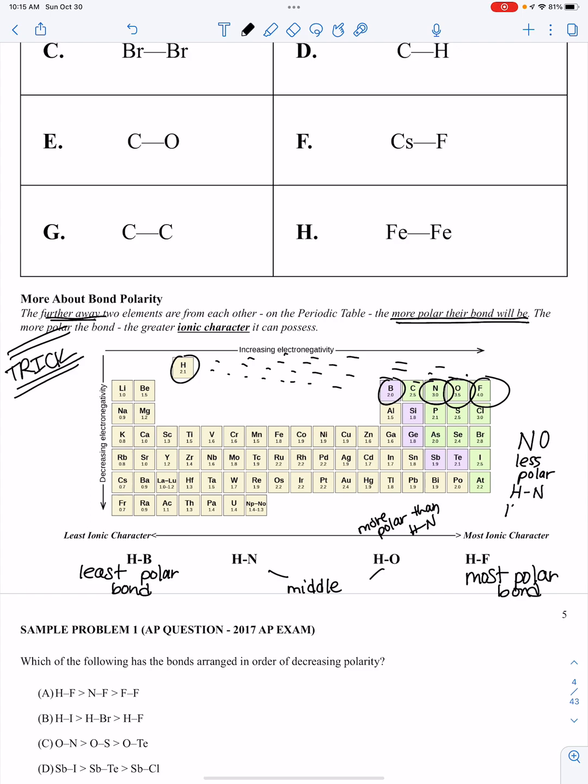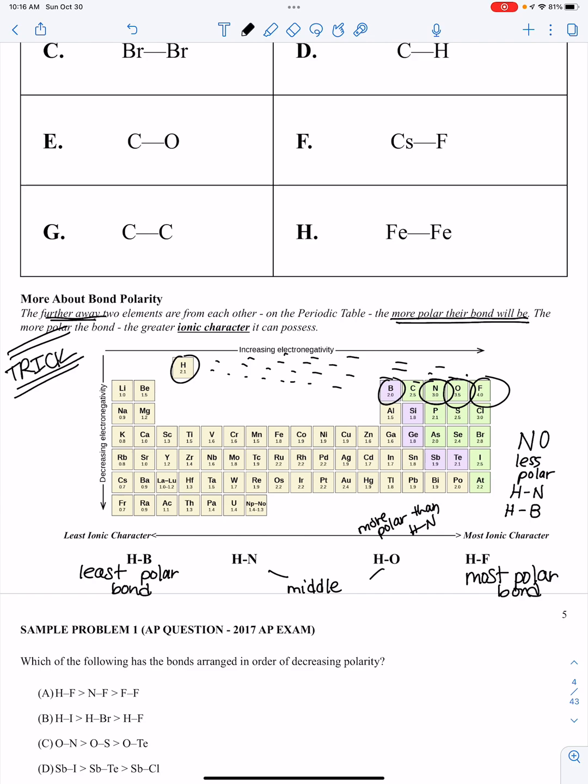And it might be less polar than HB just because they're 1 or 2 away from each other, but NO right next to each other. So we could use the periodic table to help us identify which set of bonds are going to be more or less polar. We can talk about more and less polar bonds.